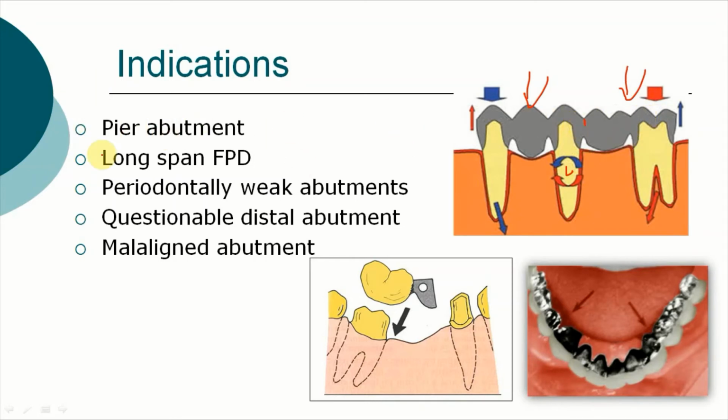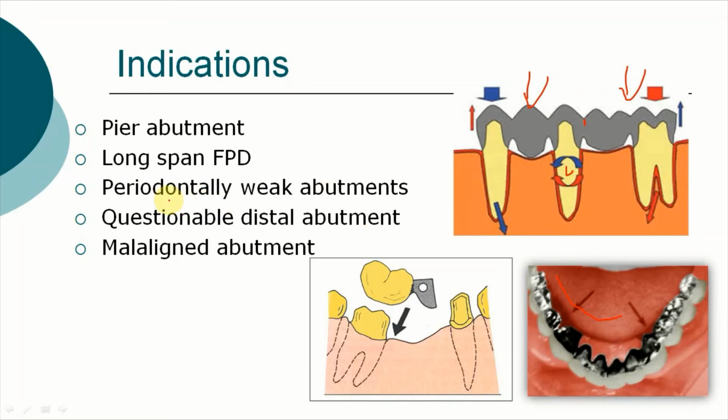Then also in a long span FPD, if the FPD is crossing anterior and posterior, then it is necessary to give a non-rigid connector, especially in the mandibular arch, because while opening and closing there is torsion happening in the mandibular arch. So in such cases also we may give a non-rigid connector in between.